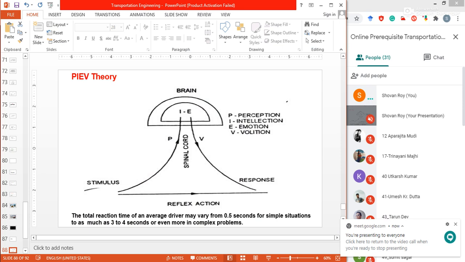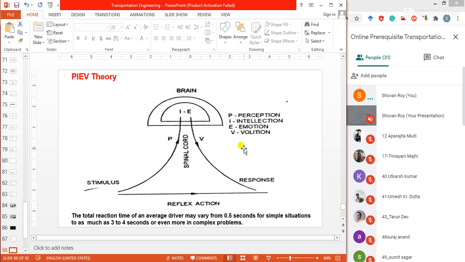So next, what is perception? Perception time. P for perception. Perception time is the time required for the sensation received by the eyes or ears to be transmitted to the brain through the nervous system and spinal cord.